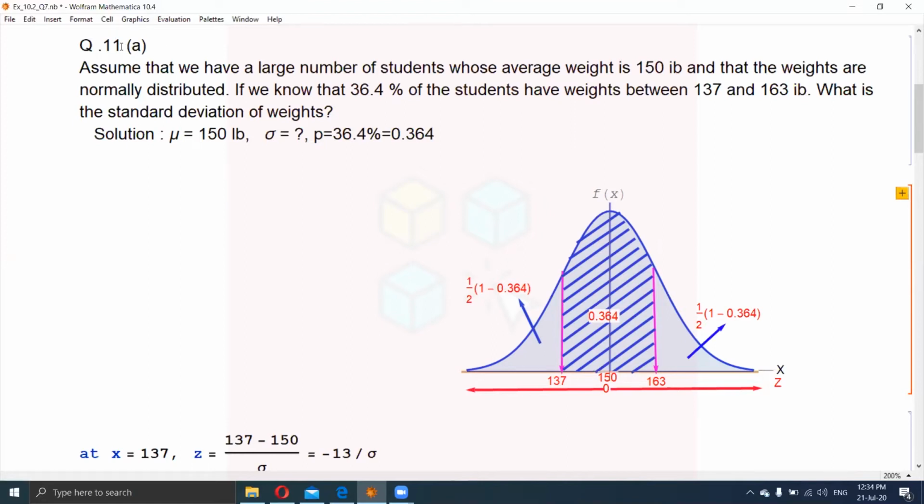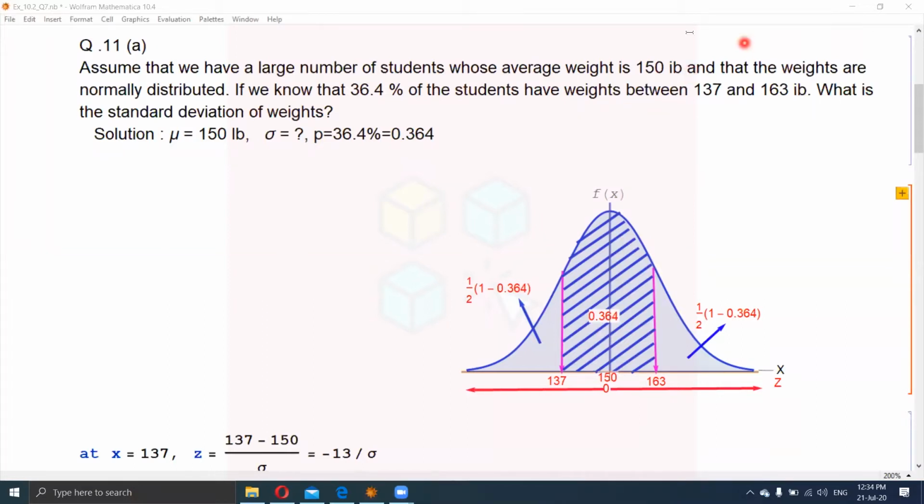Today we will solve question number 11. Assume that we have a large number of students whose average weight is 150 pounds. Weights are given in pounds, and the standard deviation should also be in the same unit of measurement.